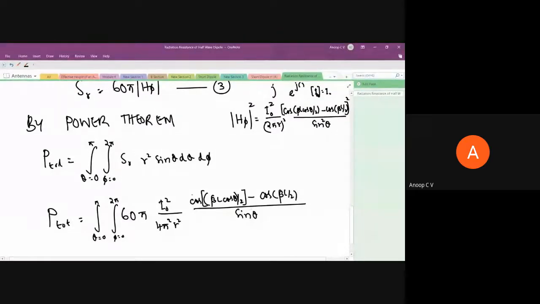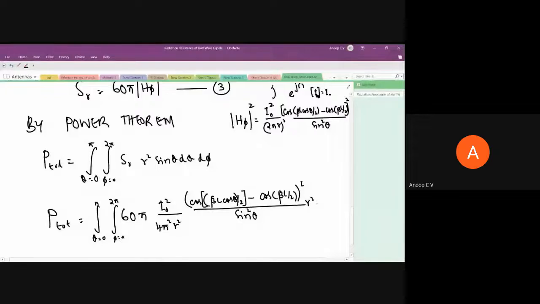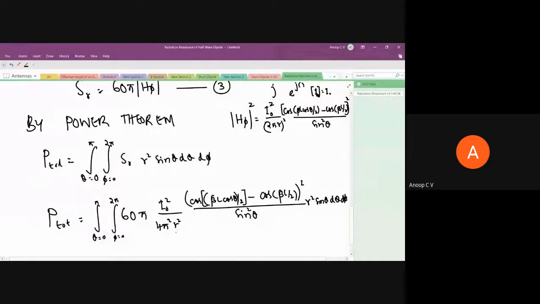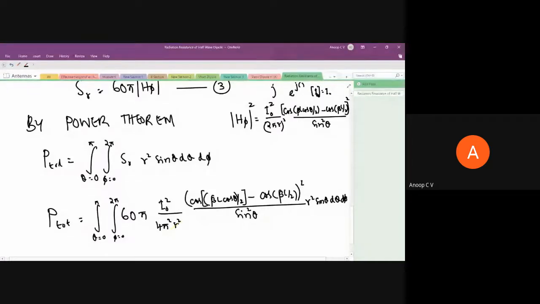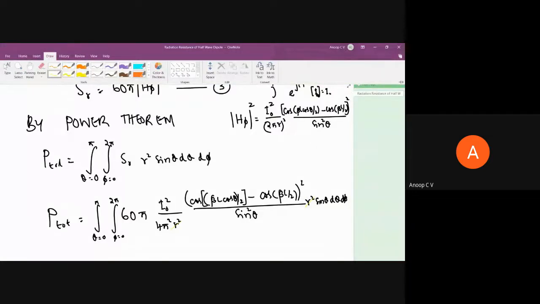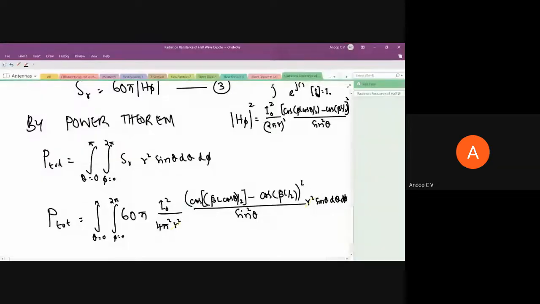So this r square and r square get cancelled, and one sin theta and this one sin theta get cancelled. Then what we have is 60 pi divided by 4 pi square I naught square.